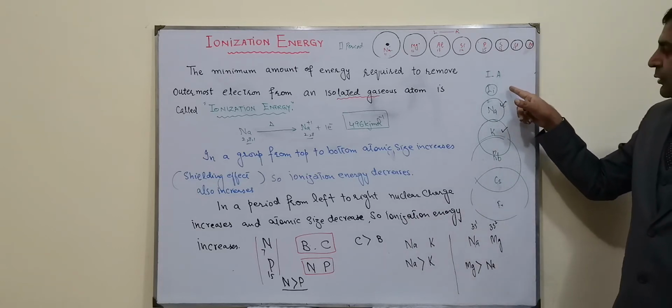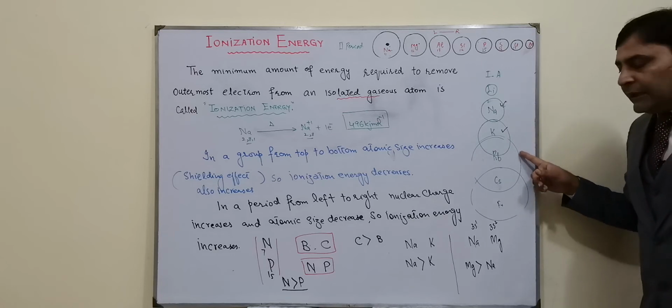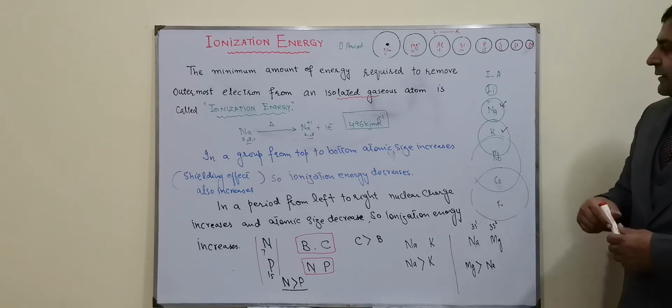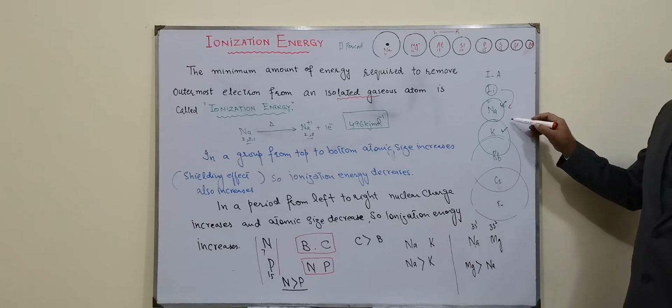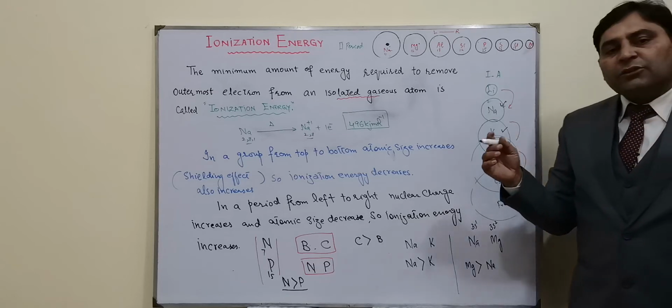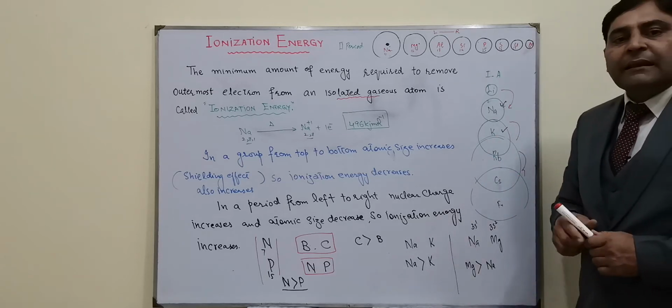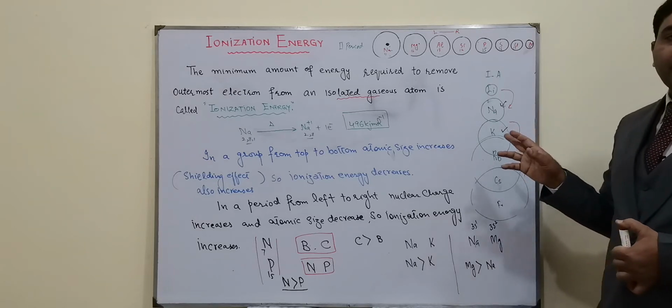While in a group from top to bottom, you will see there is an increase in shells in each period. When you move to the next period in a group, there is an increase of 1 shell. Increase of 1 shell means increase in shielding effect. Shielding effect decreases ionization energy.